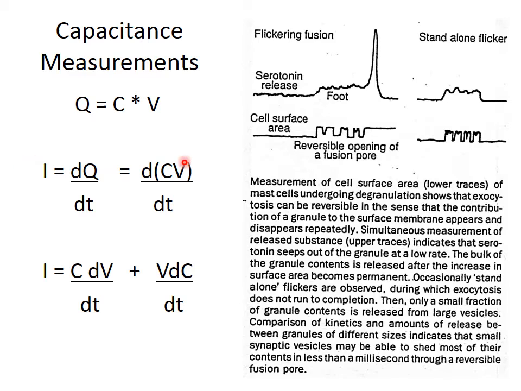And current, if one substitutes this, is really the derivative of this capacitance times voltage over time. Now, normally when we do this differentiation, I equals C dV/dt, and we don't think of the capacitance itself changing, so we normally exclude the second term. But to make the capacitance measurements here, we have to consider that there are very small changes in membrane capacitance with the fusion of vesicles, so this V dC/dt term does become important.